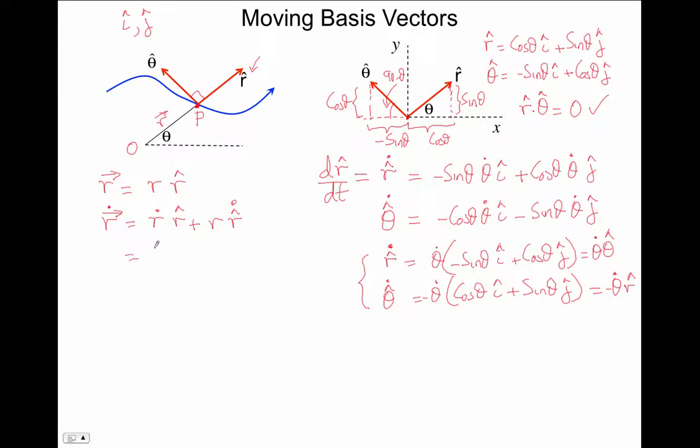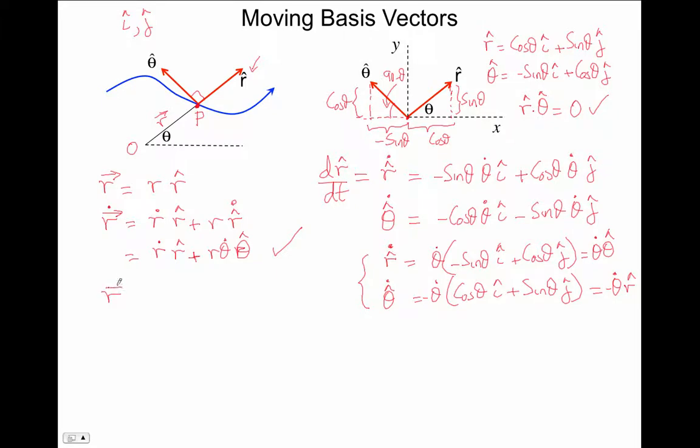And so this is r dot r hat plus r theta dot theta hat. This is the velocity of the particle when it is expressed in terms of r and theta, in terms of these moving basis vectors. What about the acceleration?